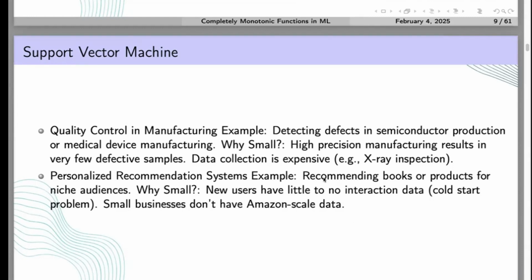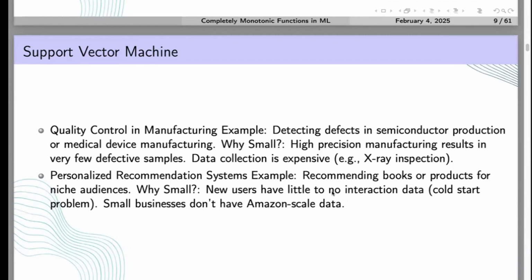You are recommending books or movies to the audience, but if you are not Amazon or don't have Amazon-scale data, you don't have enough information, and you have a small data set. And also there are new users who have little or no information at all for giving recommendations to them.